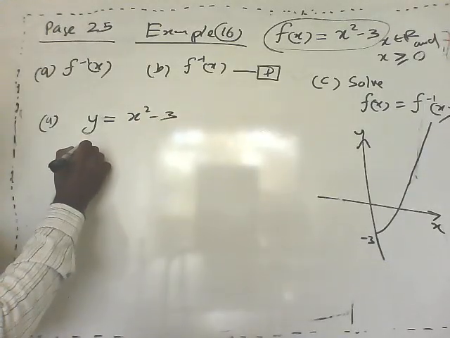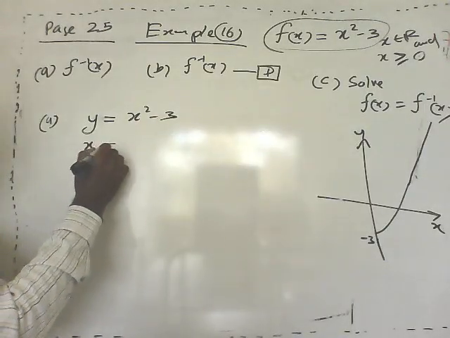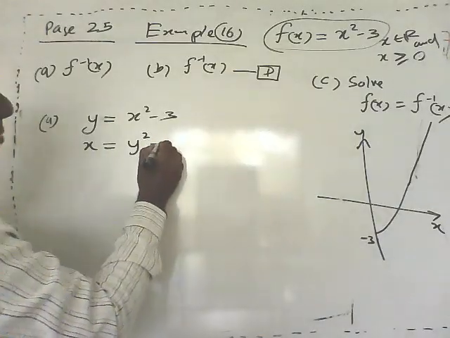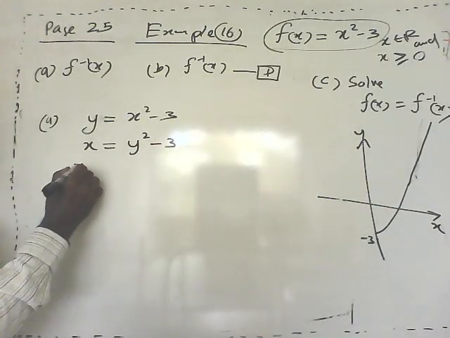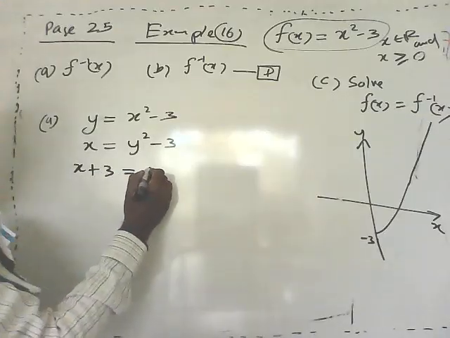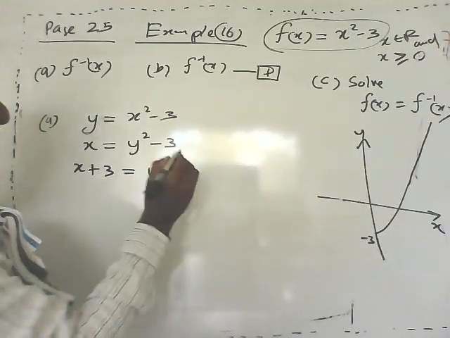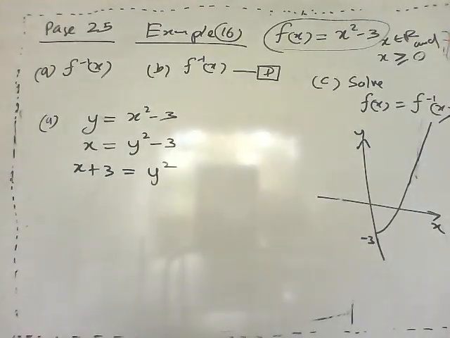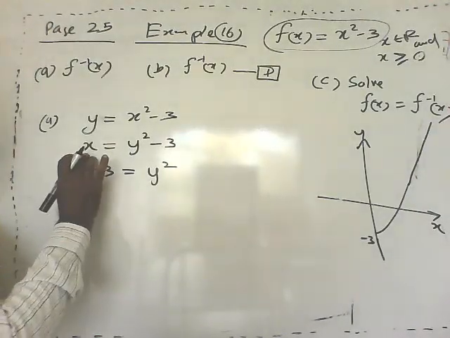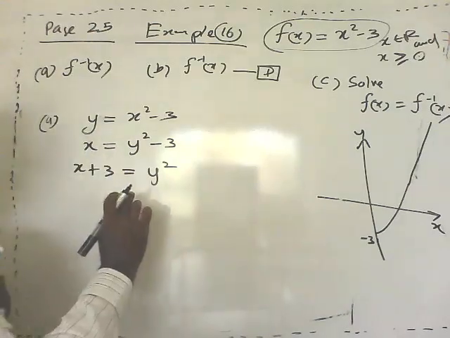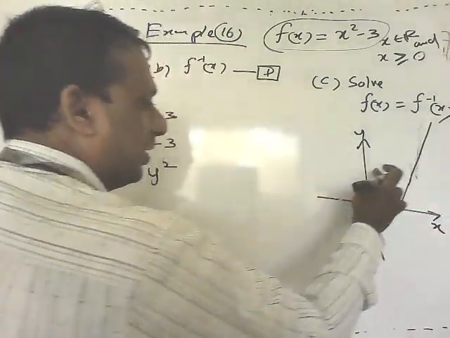And we will change the parts, that means x and y. x is equal to y squared minus 3. So here we get x plus 3 is equal to y squared, right? Now this is a pattern I talked about.